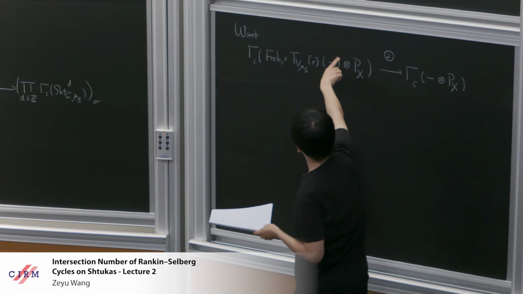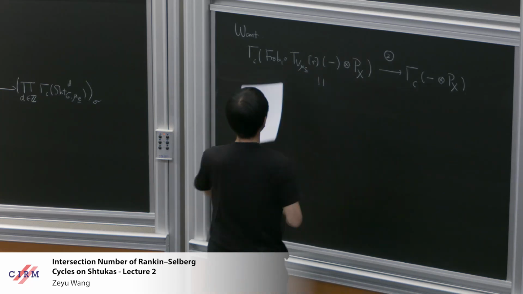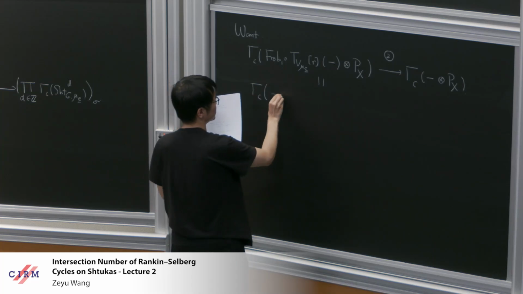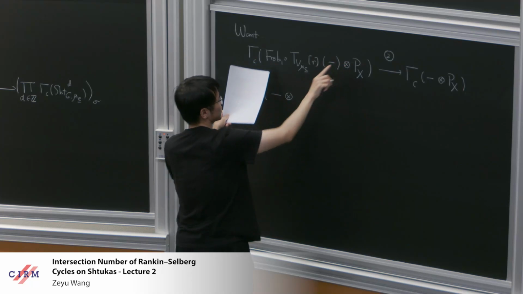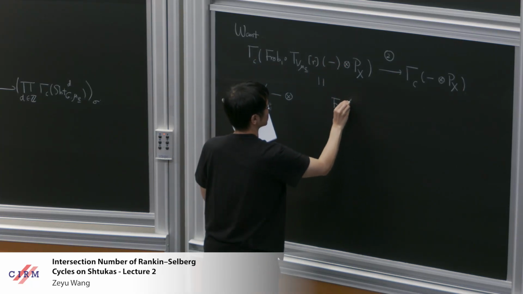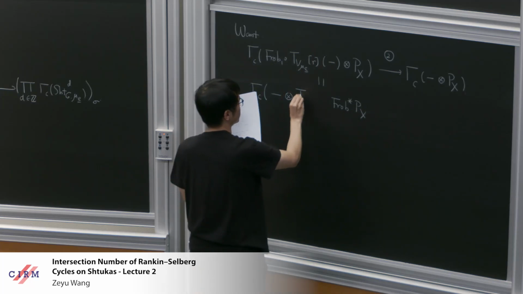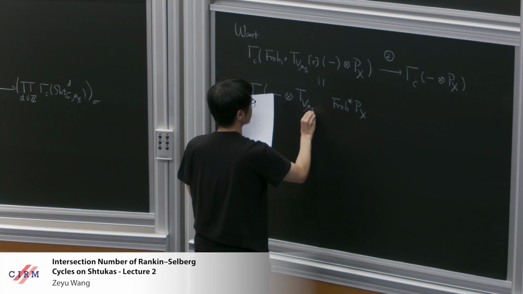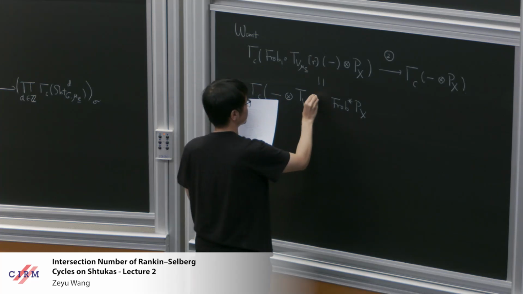But you can simplify this a little bit using the projection formula. It's just compactly supported cohomology of something, where you remove the lower shriek to upper star, upper star P_x. And the Hecke operator satisfies some self-adjoint property, but you need to put a dual here.